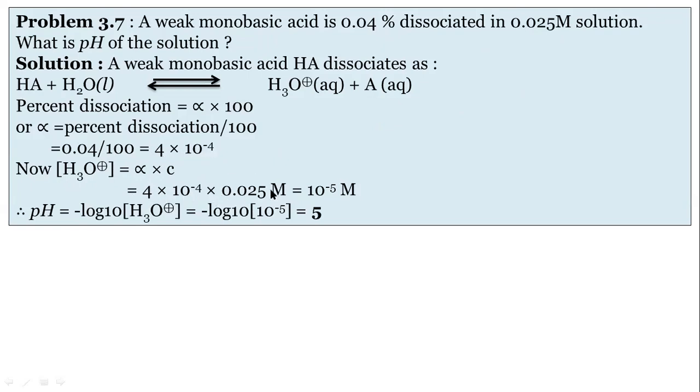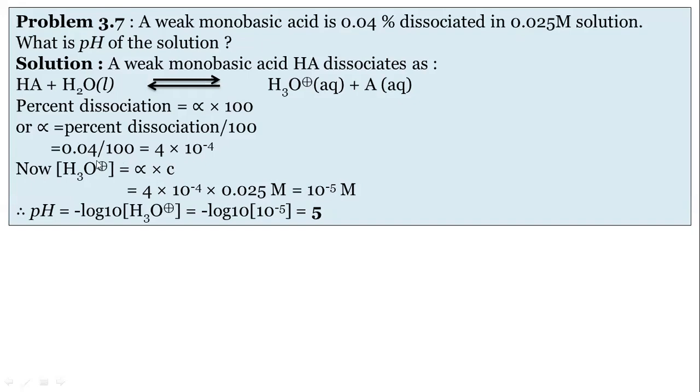And this is 0.025, the concentration, also a given value. So alpha is given. Alpha you already calculated by using this formula. So if you multiply this alpha into C, we will get this value, 10 raised to minus 5.